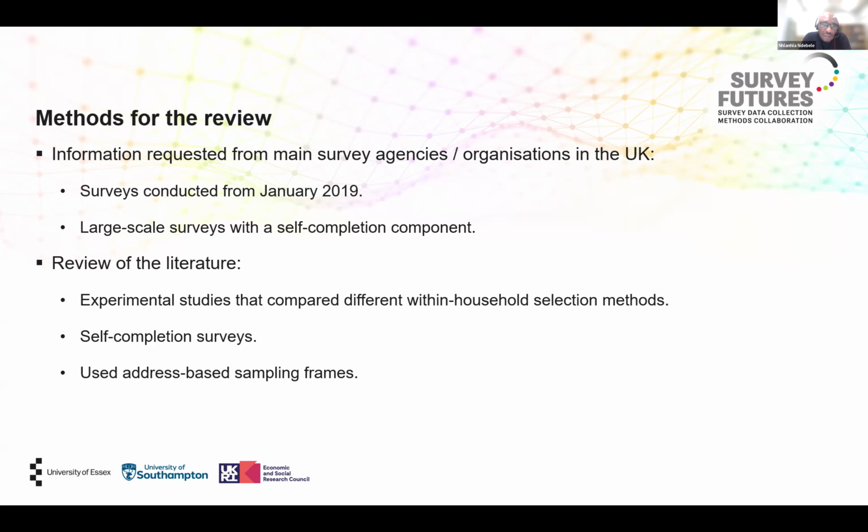These surveys were large-scale self-completion surveys. But we also reviewed some literature to look at experimental evidence that compared different within-household selection methods. These as well were focusing primarily on self-completion surveys, and also those that used address-based sampling frames.